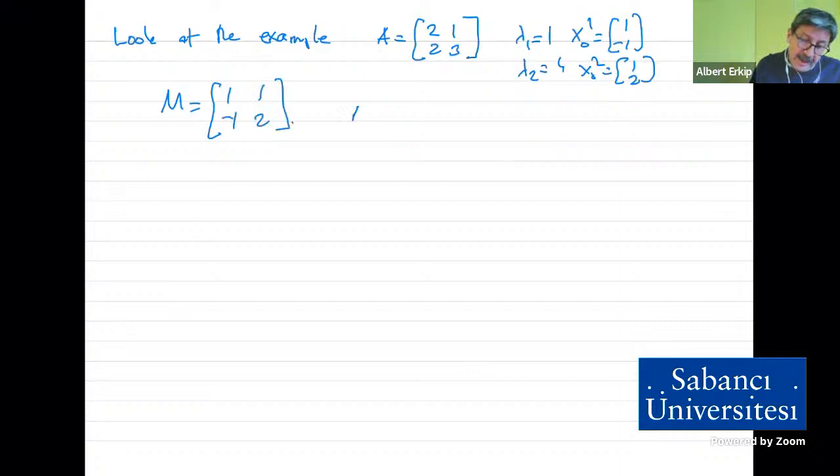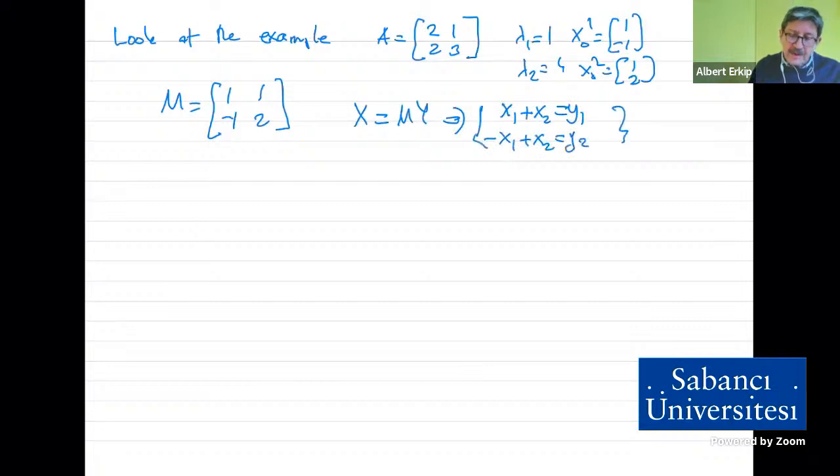And if I put m inverse, well, let's say if x equals m times y, what does it mean? That means x1 plus x2 equals y1, and minus x1 plus x2 equals y2.